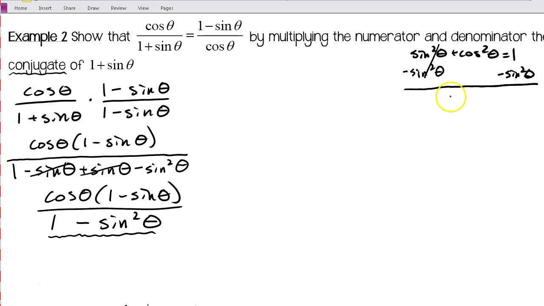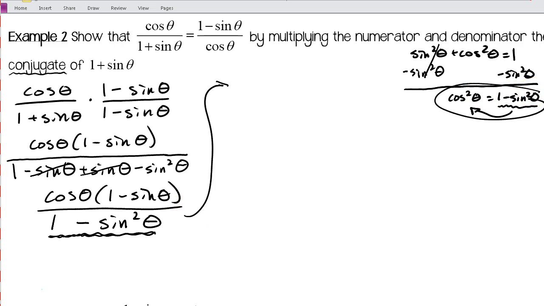These are going to cancel, and I'm going to get cosine squared theta is equal to 1 minus sine squared theta. Okay, so this is what I have in my problem, and I see that it's equal to cosine squared theta. So I'm going to replace this with cosine squared theta because I see that they're equal. So I'm going to continue over here.